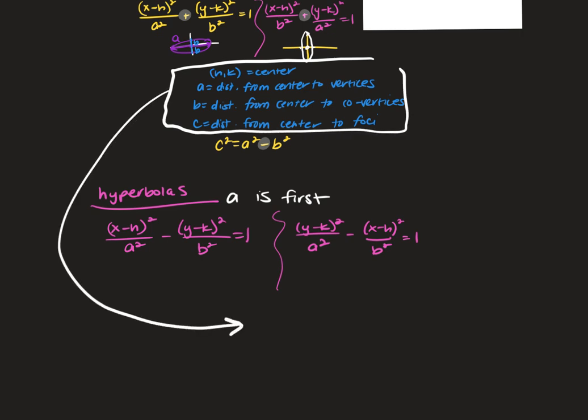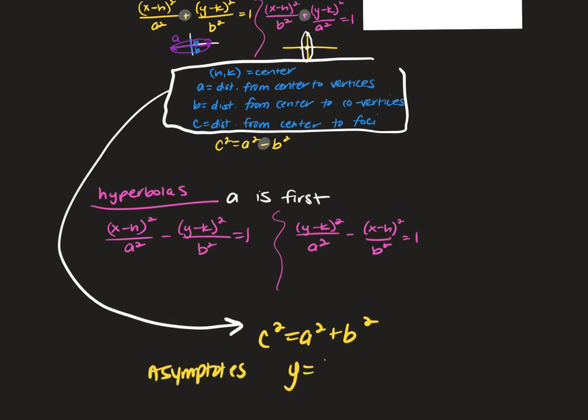HK is your center. A is the distance from the center to the vertices. B is the distance from the center to the co-vertices. And C is the distance from the center to the foci. This time c squared equals a squared plus b squared. So the sign flips in between. And we have asymptotes.